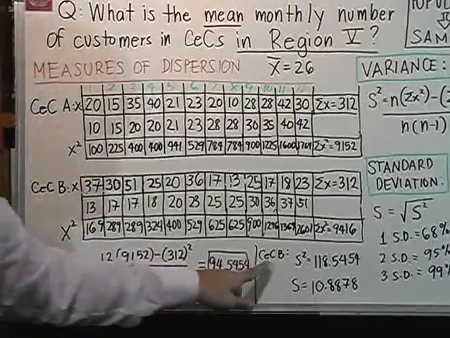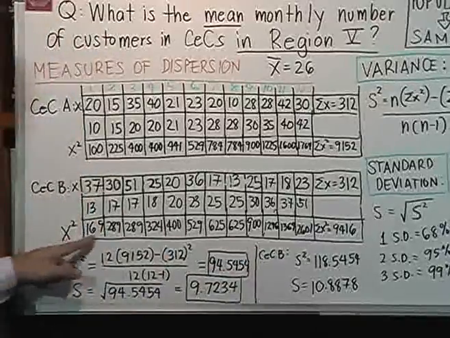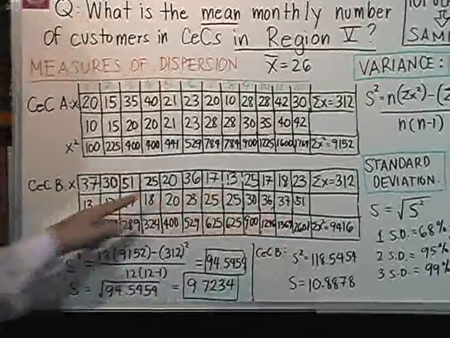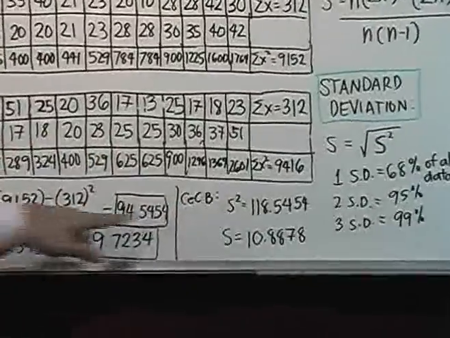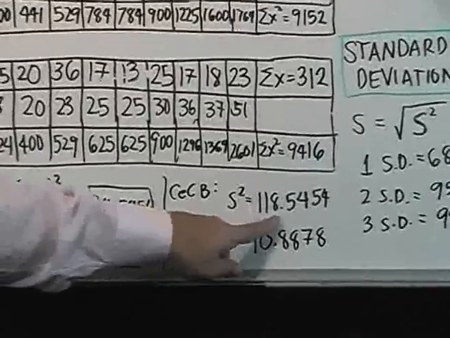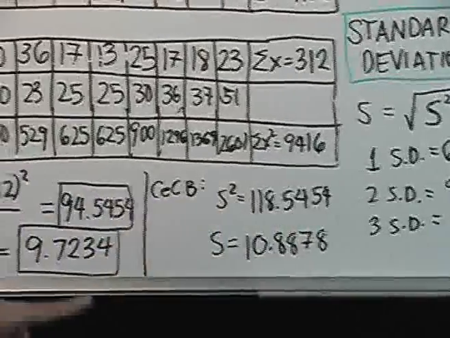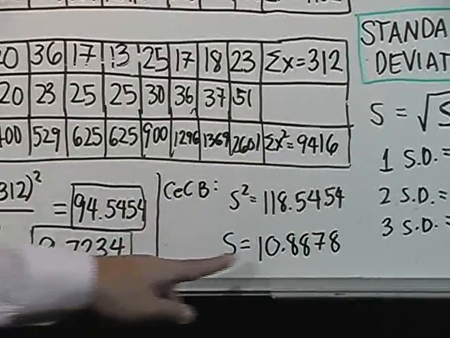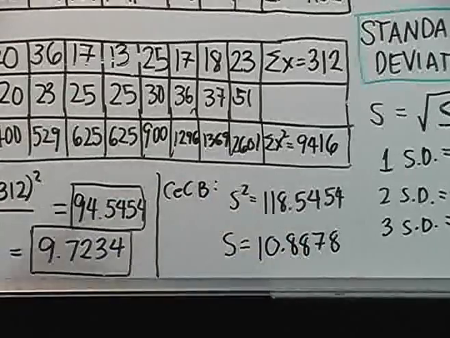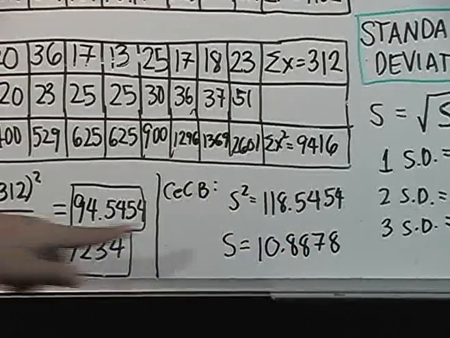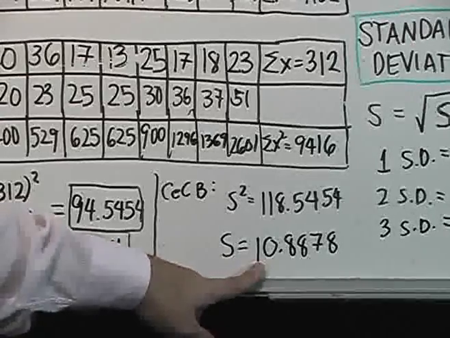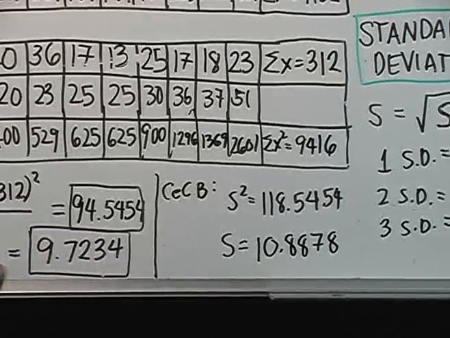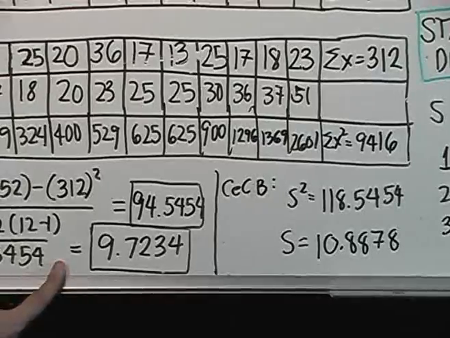I've also made the same computations for CECB, doing the same square of the excess. For CECB, the variance is 118.5454 and the standard deviation is 10.8878. If you notice, the standard deviation of CECB is a bit larger than that of CECA.